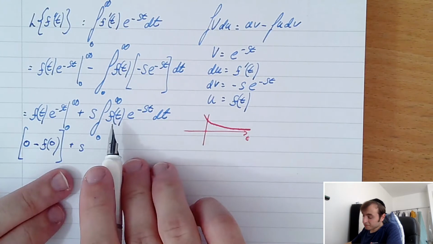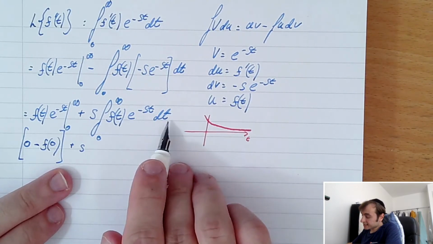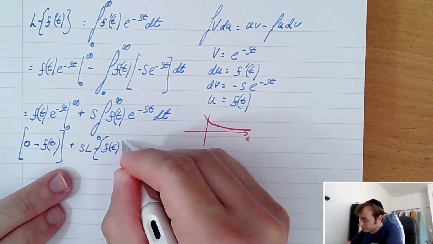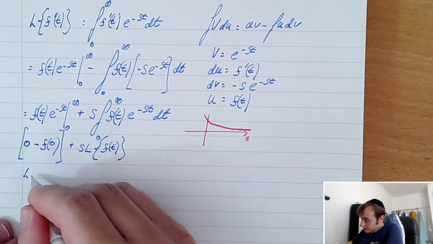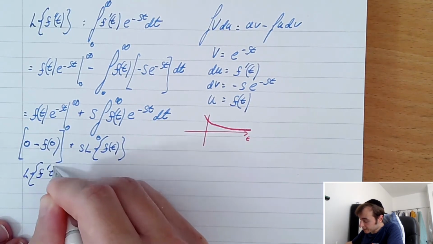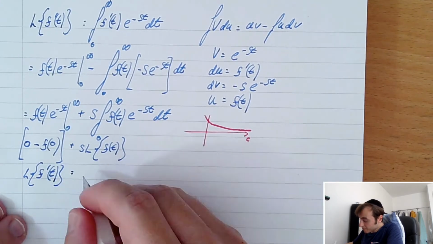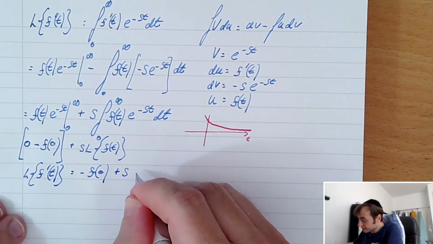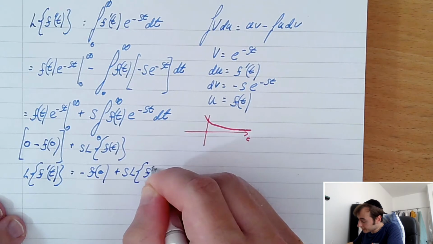Now, does this look familiar? The semi-infinite integral of f of t e to the minus st dt? Well, it should be, because that is just the Laplace transform of f of t, isn't it? So we can say that the Laplace transform of f prime t, the first derivative of f of t, is in fact just going to be minus f of 0 plus s times the Laplace transform of f of t.